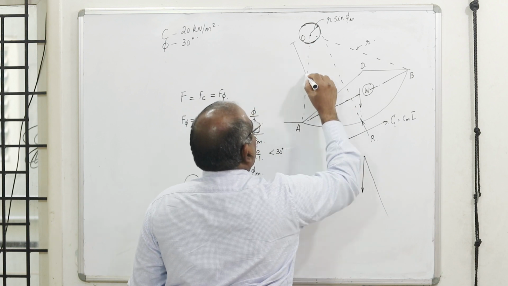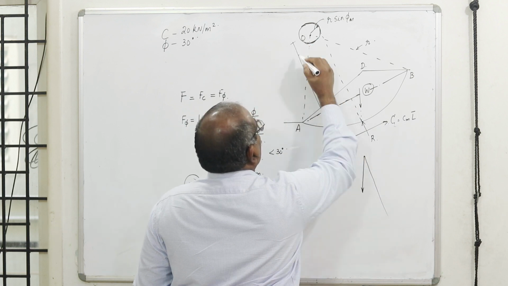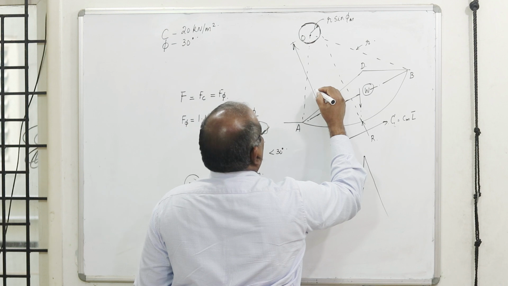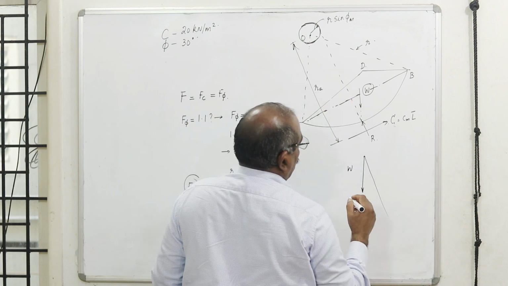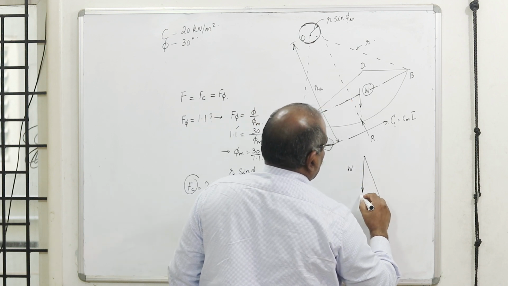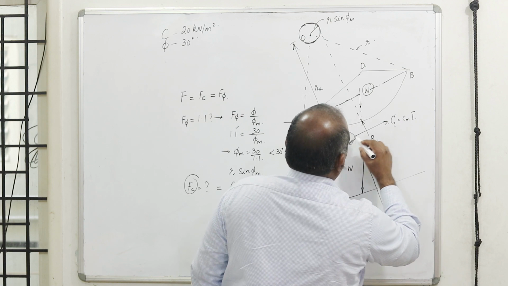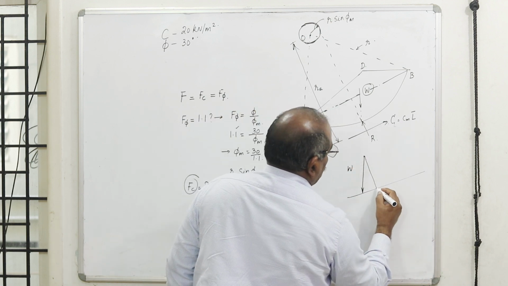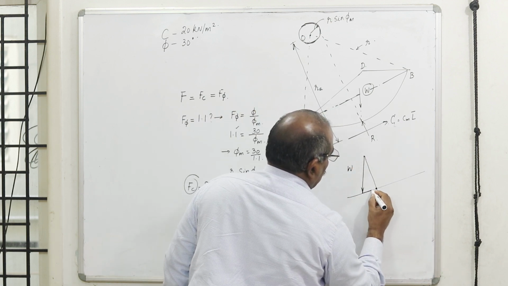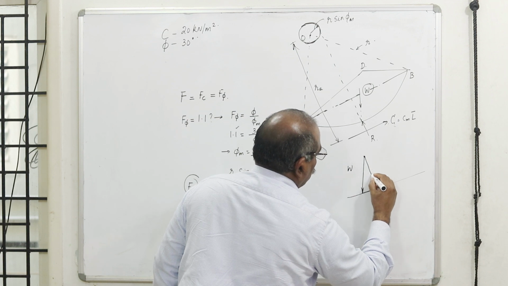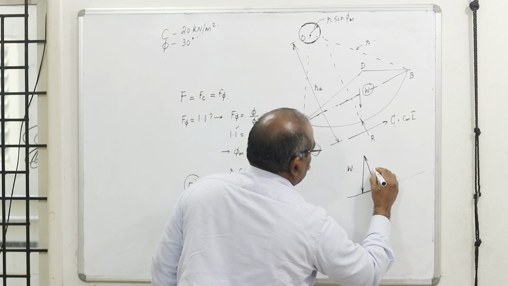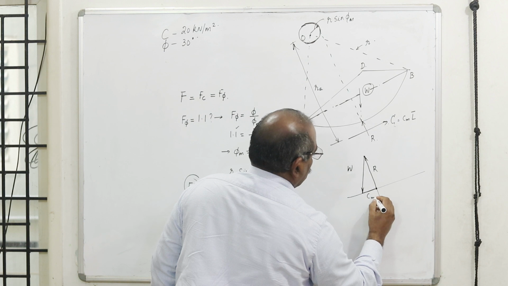Now from the tail I have drawn this R, and I draw another construction line parallel to this cohesive force. Wherever these intersect, I complete the force triangle. This is R and this is Cm.